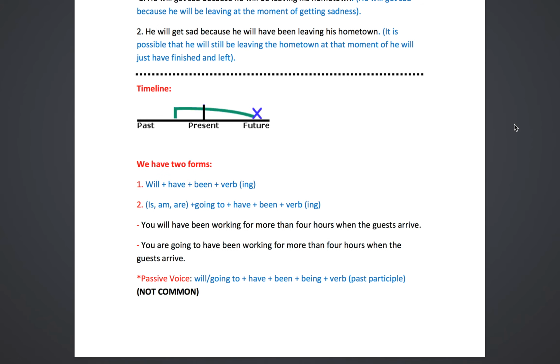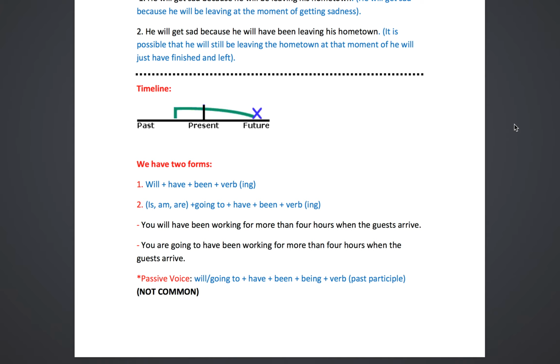Here we have the formulation, which has three forms of future perfect progressive. The first one, we always have to have a subject, of course, plus will, plus have, plus been, which shows the perfect tense, and we also have verb plus ing, which shows the progressive tense.